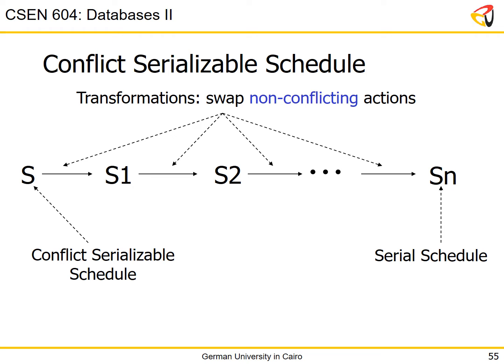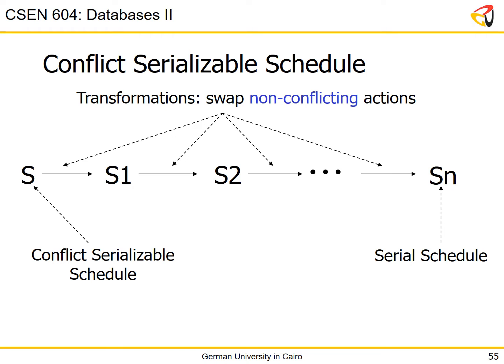If we start with a serial schedule and I keep making swaps on adjacent non-conflicting steps, ultimately I must end up with a conflict serializable schedule because I respected the conflicting steps and I didn't change their order. As long as I can find some non-conflicting steps, swapping them has no effect on the final result.